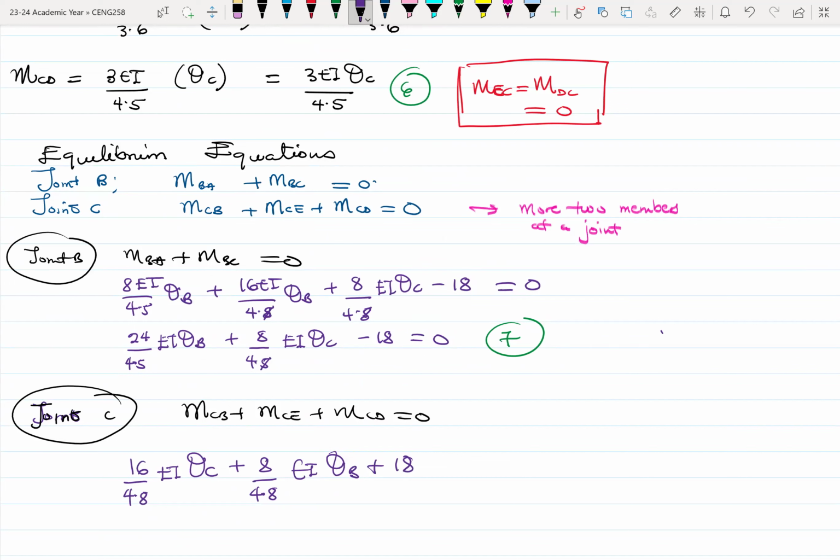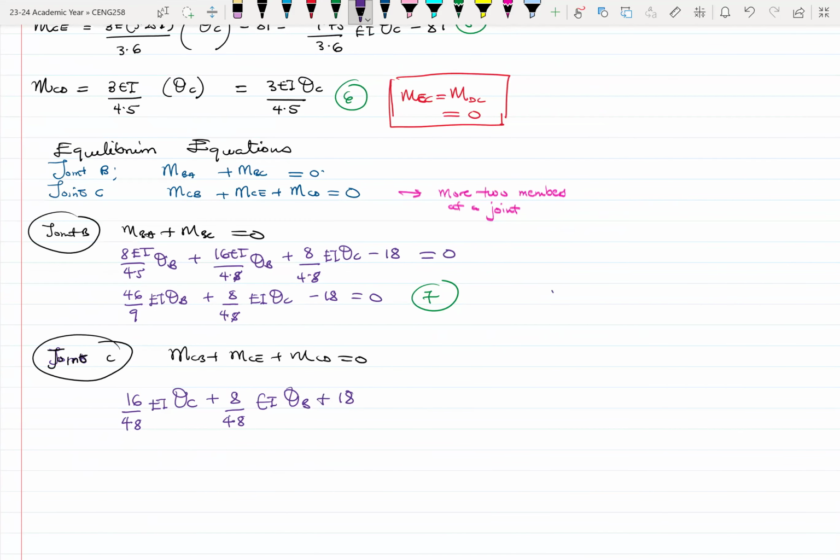So 8 divided by 4.5 plus 16 divided by 4.8 gives me 46 over 9. We caught it.